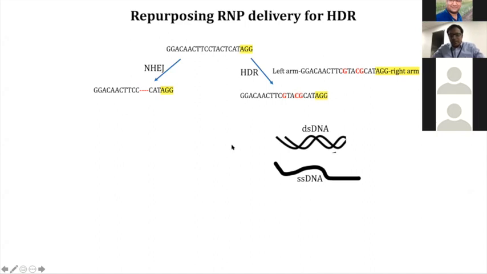The information can be delivered by double-strand DNA and single-strand DNA. Then we have the CRISPR reagent and the information delivered, but we don't have a selectable marker delivered. So that takes away all the disadvantages that we talked about in the previous slides, right?